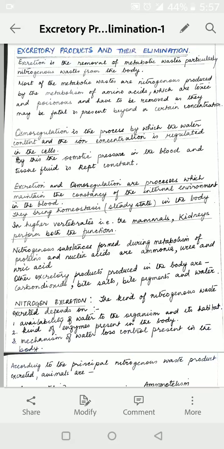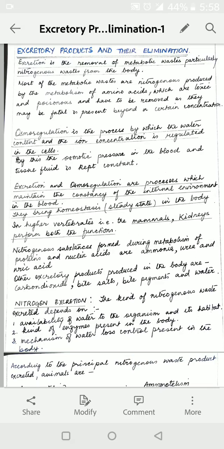And in higher vertebrates, like mammals, like humans, these two processes are carried out by the kidneys, because the kidney is helping in removal of nitrogenous waste and is also helping in maintaining water balance in the body.